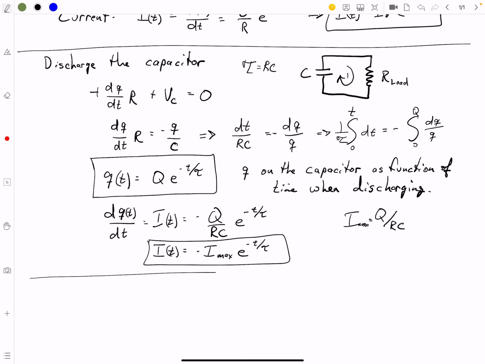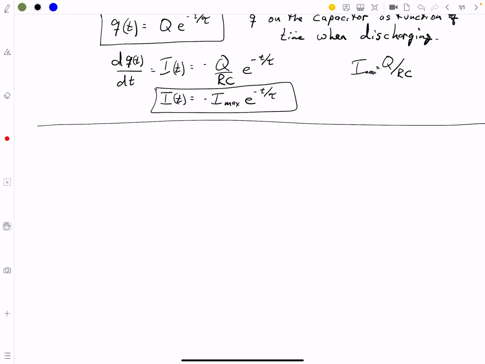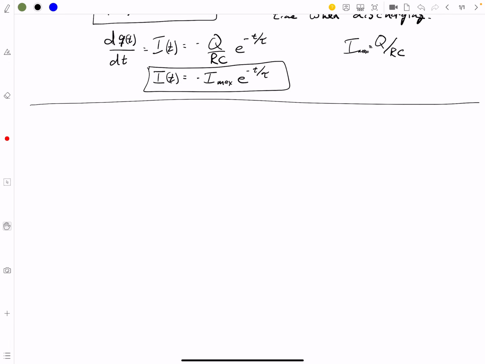let's do it. Let's go back to charging the capacitor. I should have done those before I moved to discharging the capacitor, I suppose.